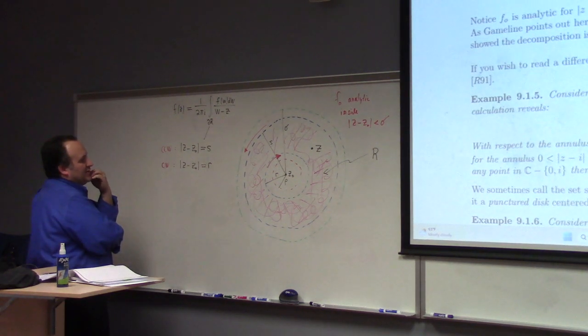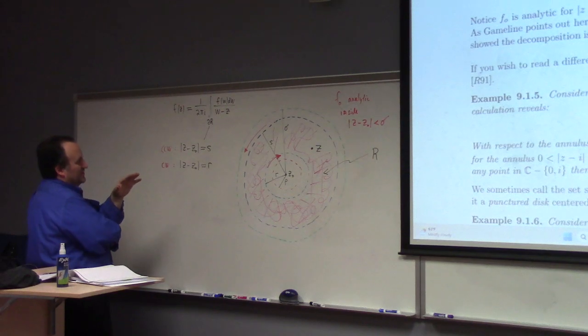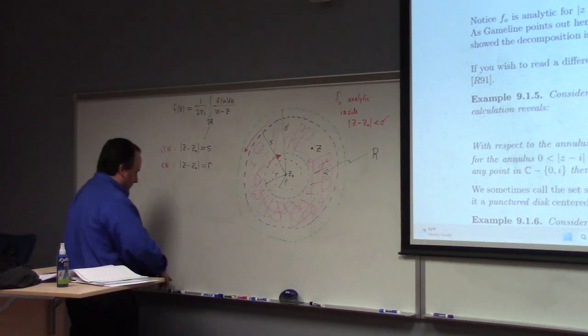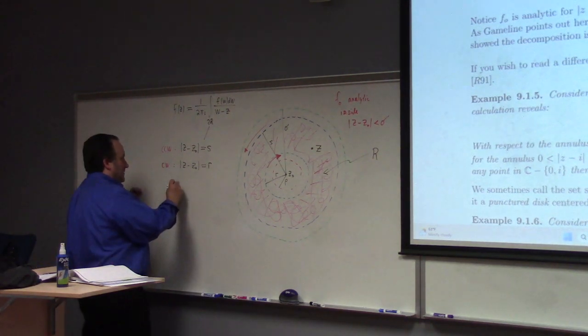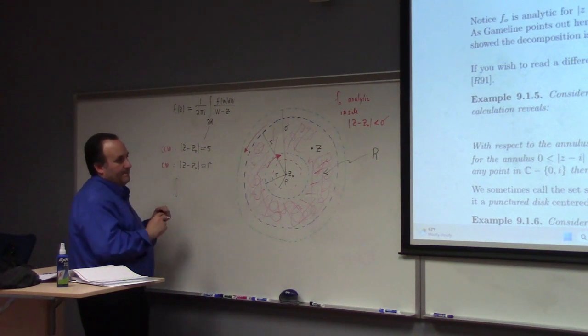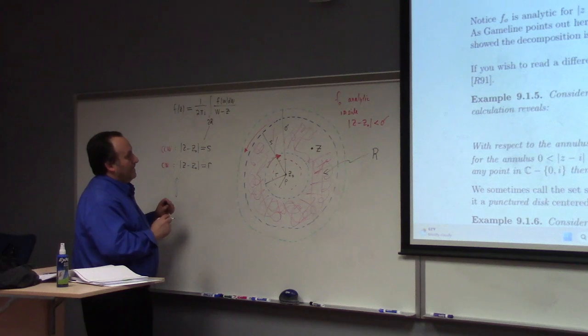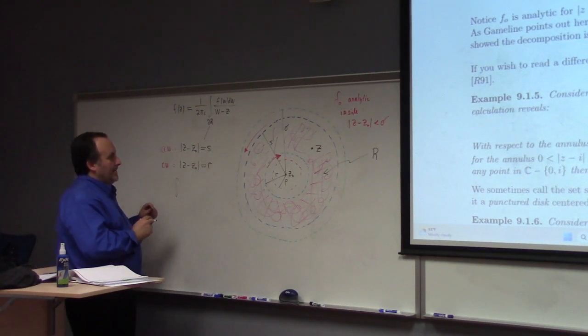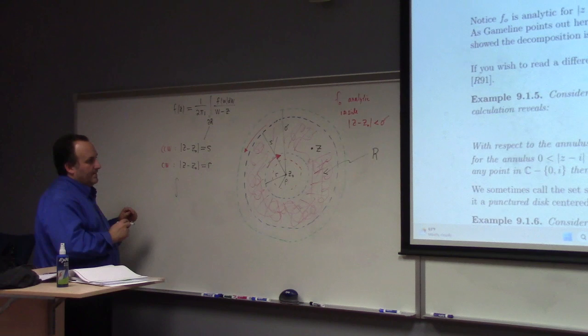Let me focus my attention on one of the issues, which is the first integral. If z is in R, both F0 and F1 are analytic within R, because R starts after radius rho and ends before radius sigma.